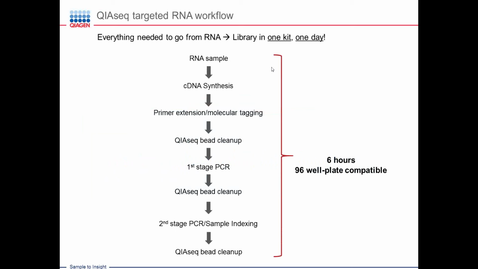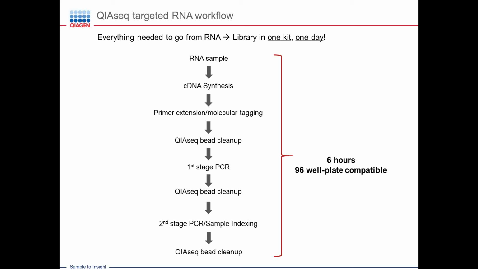Here's the workflow in a very simple way. We're doing first-strand cDNA synthesis. We do a first primer extension on that cDNA synthesis where we add the molecular tag. So the random molecular barcode is added after random prime cDNA synthesis.